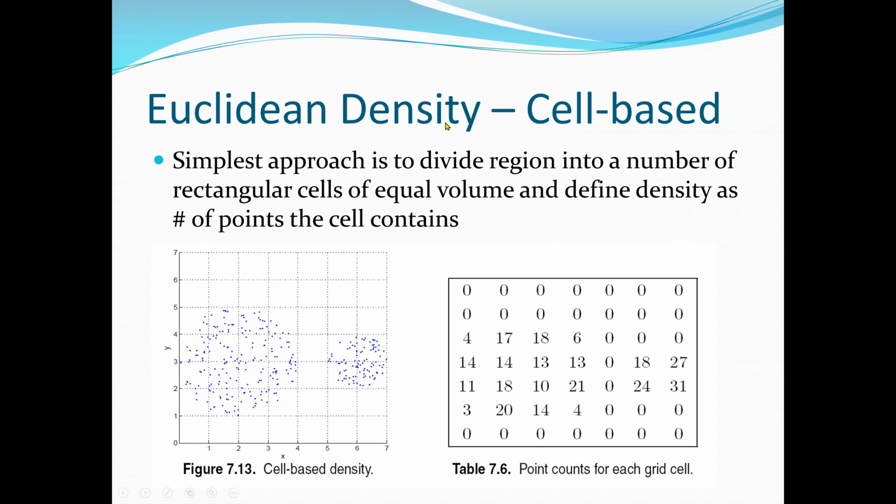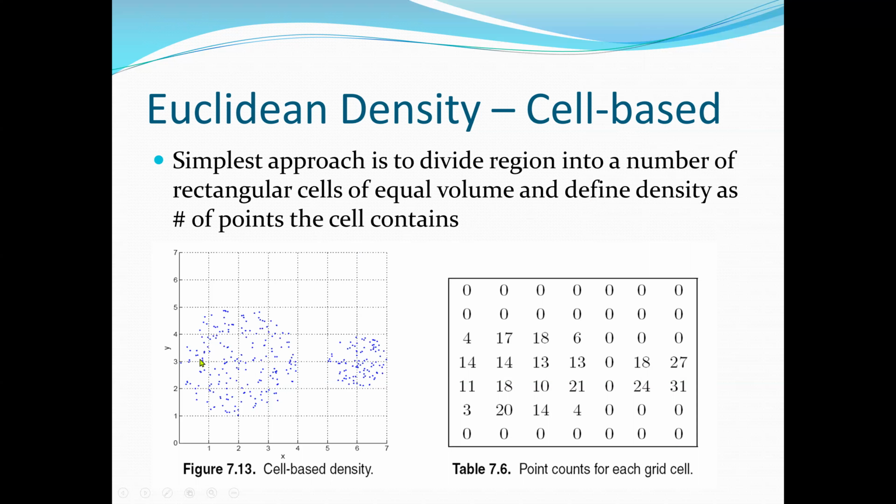Let's start with the Euclidean density, which is also called cell-based. This is the simplest approach: divide the region into a number of rectangular cells of equal volume, and define the density as the number of points the cell contains. Here we have a data set on the plane.